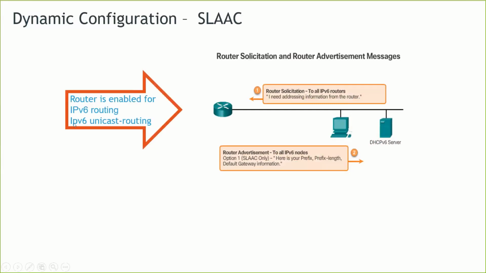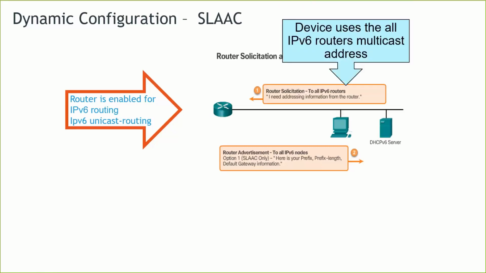The command to do that is ipv6 unicast-routing. Why do I need to do that? It more or less tells the router, hey, we're going to be running an IPv6 network now. All the Cisco routers are capable of running IPv6. It's just that unicast routing is not on by default until you activate it with ipv6 unicast-routing, okay? So the first thing I'm going to do is tell my router, hey, we're running IPv6.